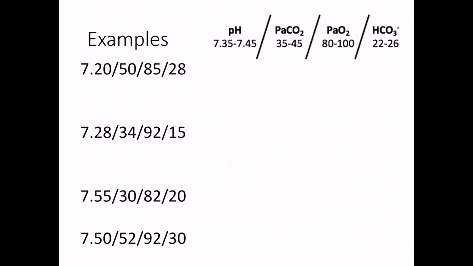I think the best thing we can do here is try to do some examples. So let's just remind ourselves of what the steps are. Number one, we want to categorize our pH. Next, we want to categorize our PaCO2. 3, categorize our bicarbonate. That's 3A, 3B.